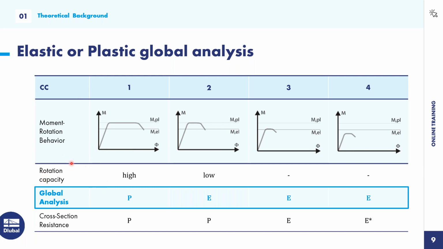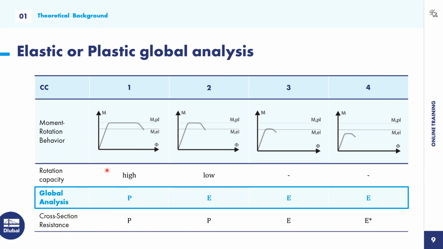It has a high rotation capacity, and this allows us to perform the cross-section design with a plastic global analysis, and we can also consider the cross-section resistance as plastic.